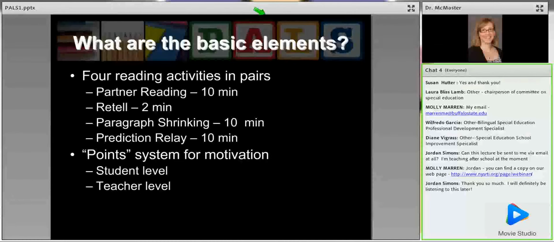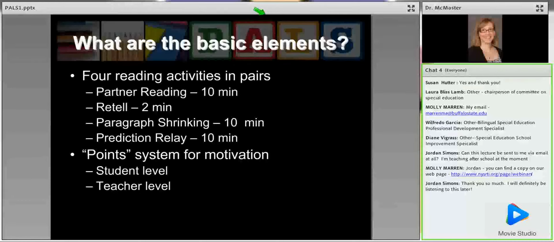So they do that for 5 minutes, and then they switch jobs, and the weaker reader goes back and reads the same text for 5 minutes. So they each get a chance to read, they each get a chance to coach, and it takes a total of 10 minutes reading the same segment of text.